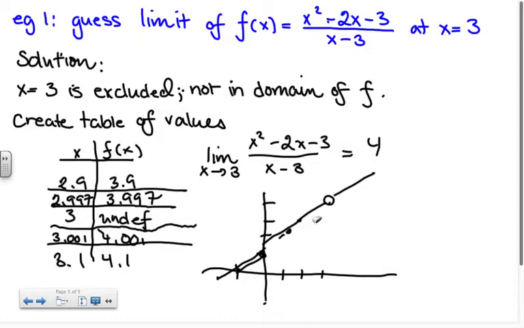Now, since that was a fun example, let's do one that's a little bit more difficult.